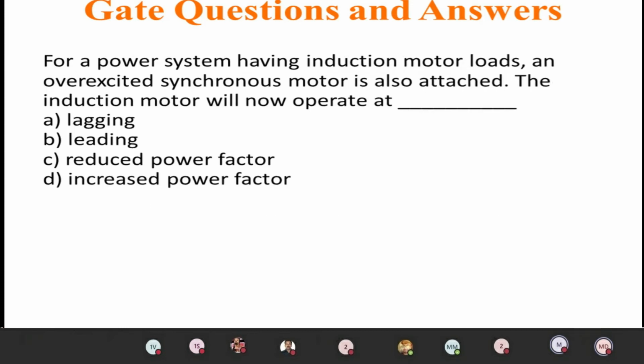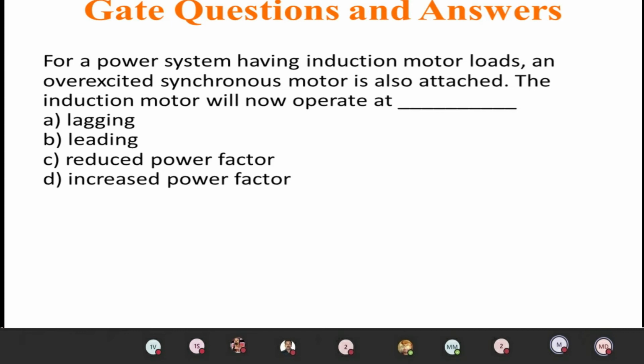From the previous question, this is a similar one, but it is a twisted question. Don't get twisted by that. For a power system having an induction motor load and an overexcited synchronous motor also attached, the induction motor will now operate at what?